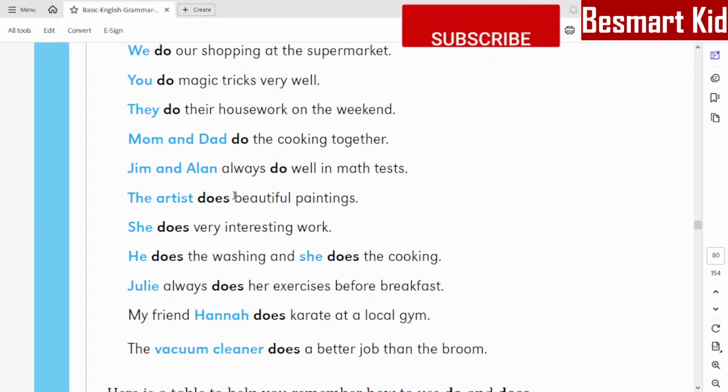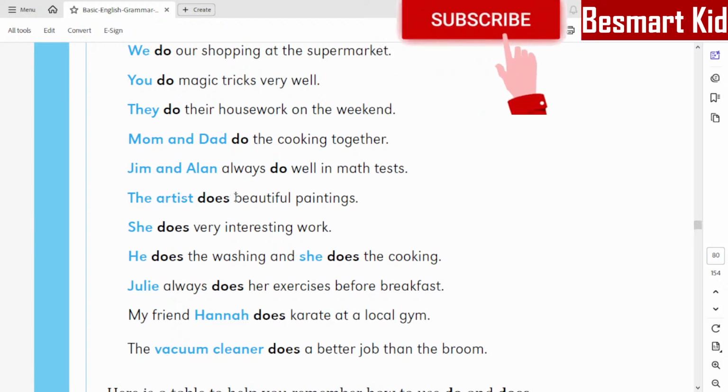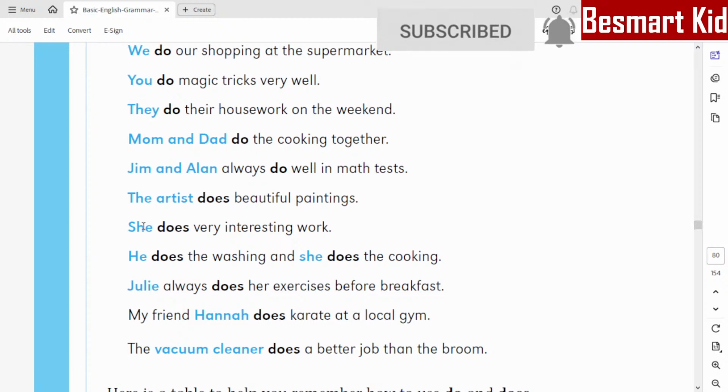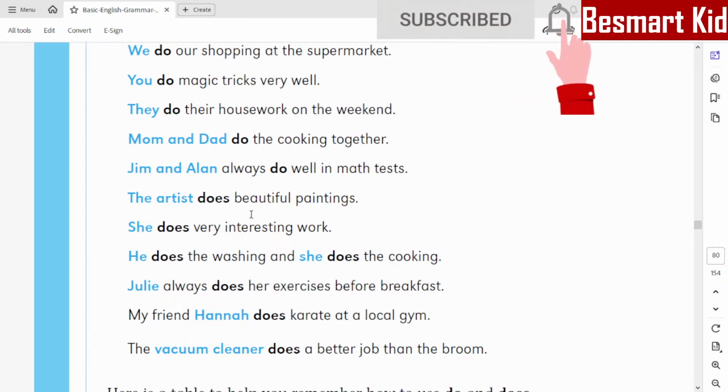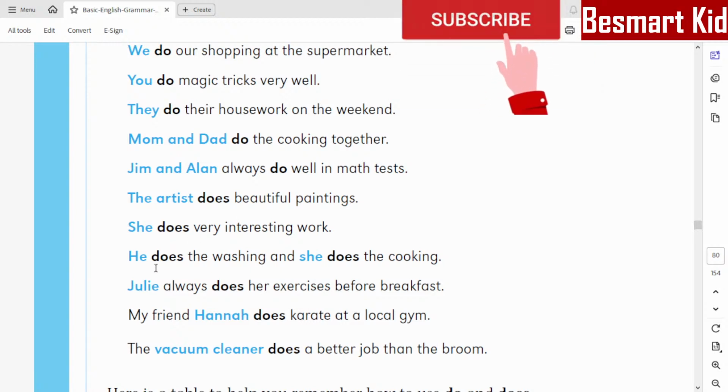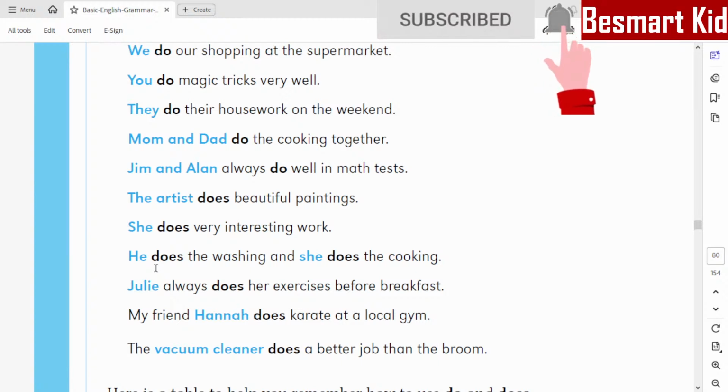The artist does beautiful paintings. She does very interesting work. He does the washing and she does the cooking. Julia always does her exercises before breakfast.